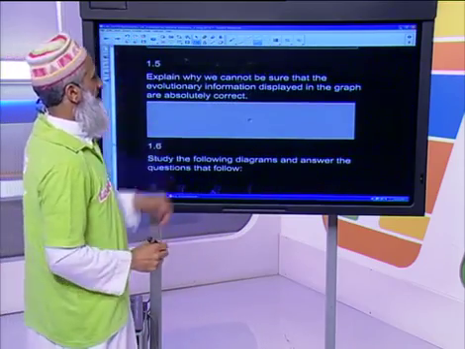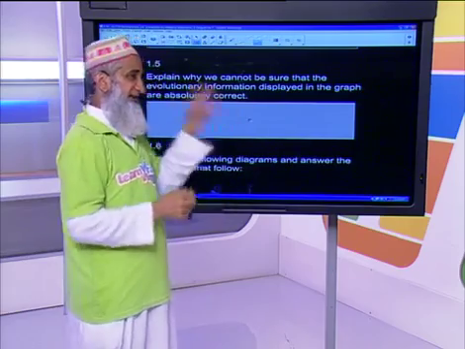Explain why we cannot be sure that the evolutionary information displayed in this graph is absolutely correct. Why can't we say that it's 100% true? What proof do they have that those were horses and not part of a different species? Maybe. But why can't we be 100% sure? They're telling us it's horses.